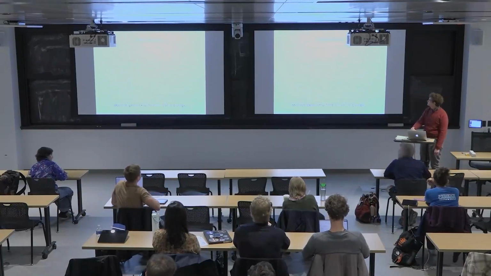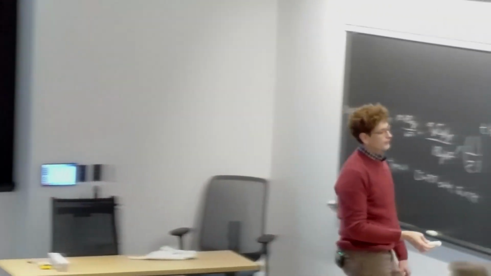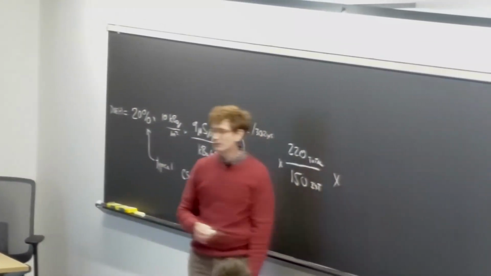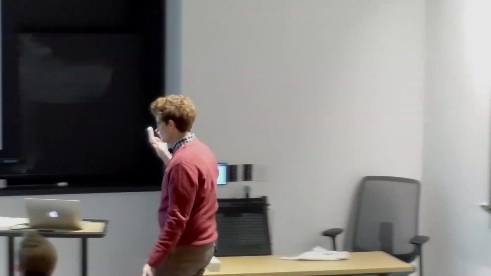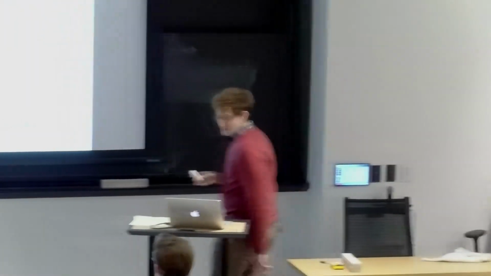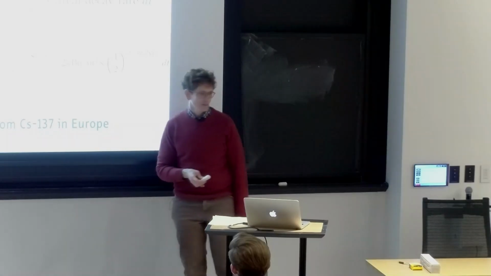Okay. So this is our formula. And now we just need to say how many people were exposed. It turns out the population of Europe has been very stable for a long time. 730 to 750 million people. We can basically take it as a fixed value for the sake of our calculation.